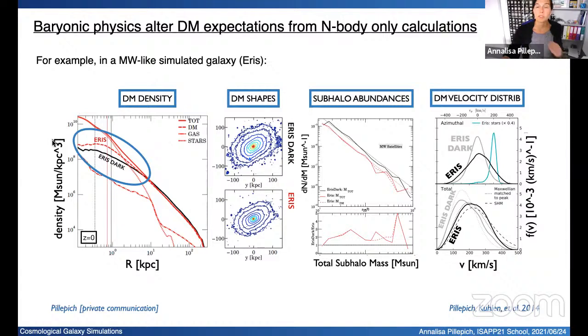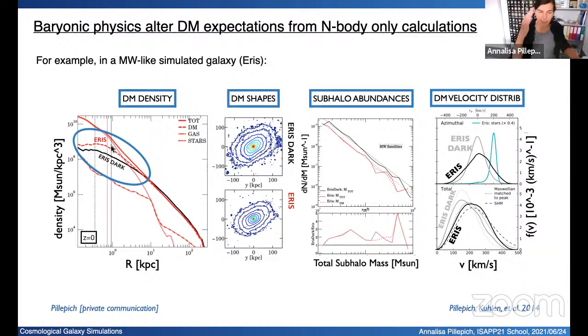So we know dark matter profiles. Halos are described by dark matter profiles, which in N-body only simulations are well described by Navarro-Frenk-White profiles. This is the 3D spherical average density profile of dark matter in this galaxy with only gravity, and the corresponding total density profile is the solid one, but even the dark matter profile in the full physics hydro galaxy run, Aries, is different.